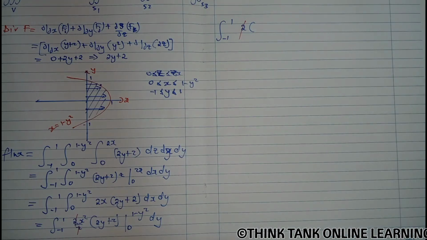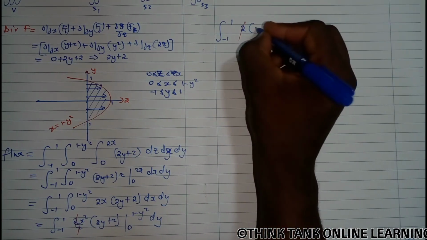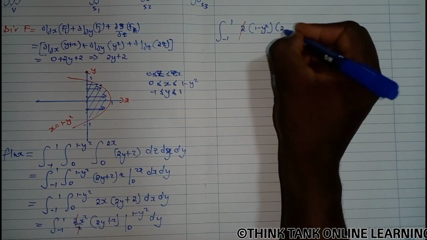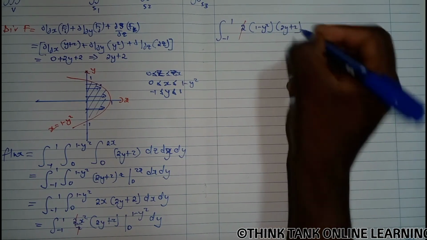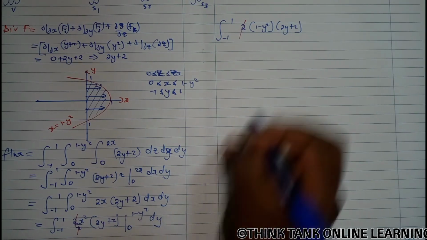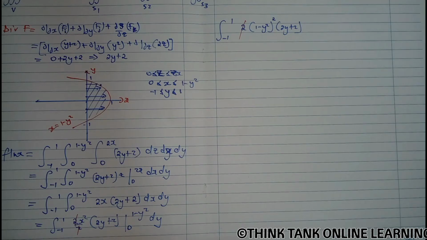So I'm only going to need x squared, and x is 1 minus y squared, times 2y plus 2. And 1 minus y squared, remember, this is x squared, and x is equal to 1 minus y squared, so we're going to need to put a 2 here. Okay, like this.